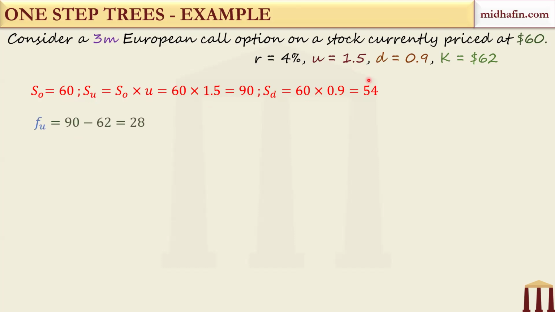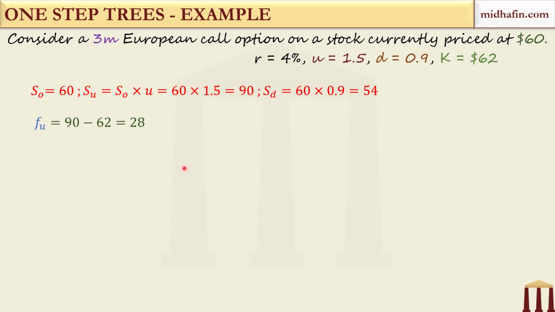What will be Fd? If the price goes down to 54, what will be the option payoff in that case?